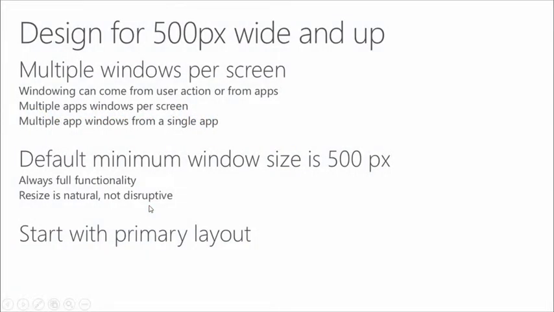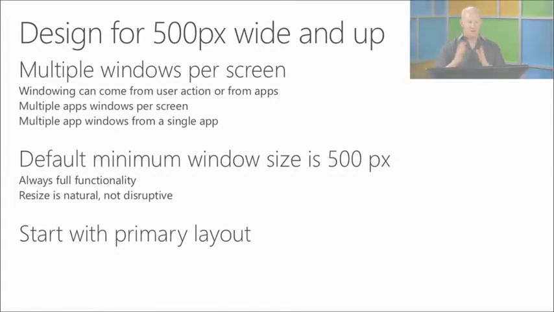So designing for window width is all about thinking about that default minimum, or the default minimum and up. So we start with thinking about 500 pixels and above, right? And this can come about from multiple windows per screen, multiple windows per app.